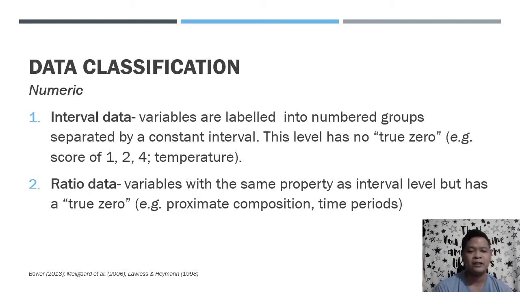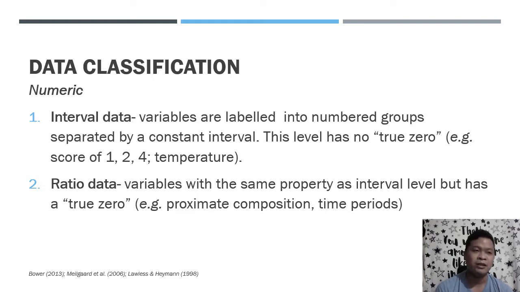In contrast, ratio data has a true zero, meaning you could treat the data as ratio or as multiples. So for example, when you say I weigh 50 kilos and you weigh 100 kilos, then that means you weigh twice as much as I do. And if my son weighs 10 kilograms, then I weigh 5 times as much as he does.